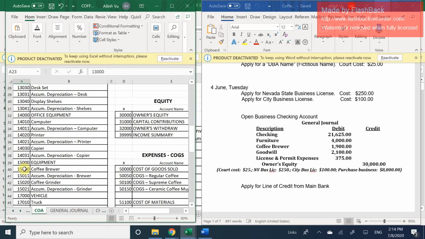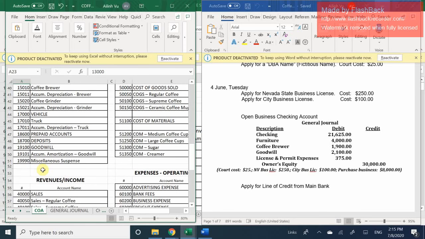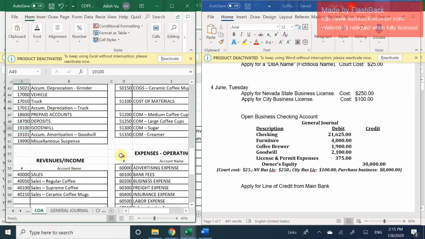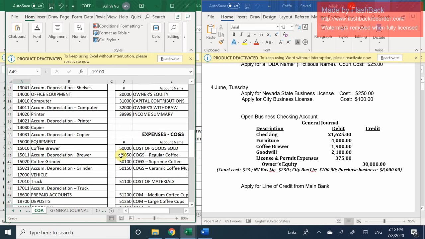Yes, 15, 10, okay, good. All right. We also have to have goodwill, which is considered an asset, right? It's considered an intangible asset. It's 19,100. Okay. And then let's go ahead and keep scrolling down. So what is my equity account?